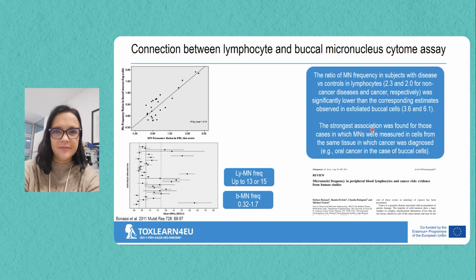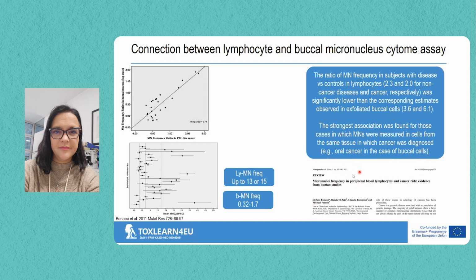And the strongest association for the buccal cells was when micronucleus was measured in cells from the same origin as the cancer. That means that a good prediction for cancer risk was seen in different types of oral cancer in the case of the buccal cells.